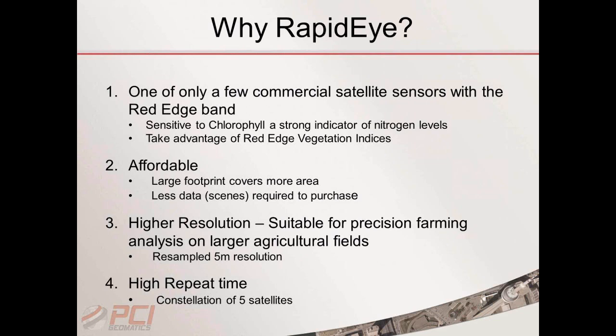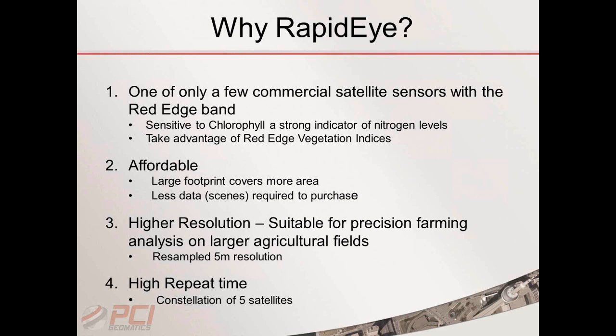So why RapidEye? Why are we using RapidEye as our sensor for performing the higher resolution, more detailed analysis? Well, there's a few very important reasons as to why. One is that it's one of the only few commercial satellite sensors with the red edge band. The red edge band is known to be sensitive to chlorophyll, which is a strong indicator of nitrogen levels. There's a lot of studies going on to show the correlation or the relationship between chlorophyll and nitrogen.